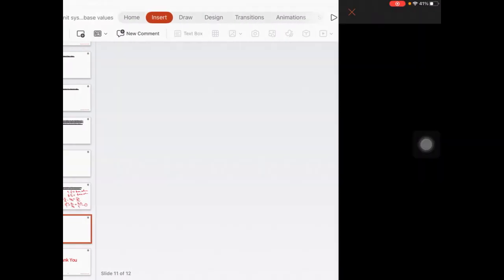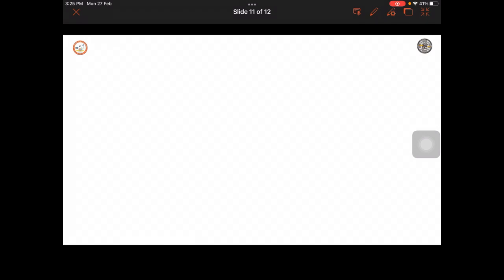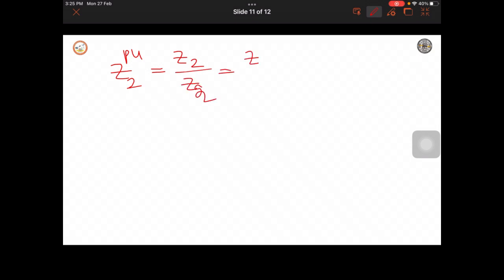Z2 per unit, the secondary side per unit value of impedance, is actual value divided by base value. So, Z2 divided by V2 by I2, I2 comes to the numerator. This is equation number 2. Let us consider equations 1 and 2 to get the final answer.